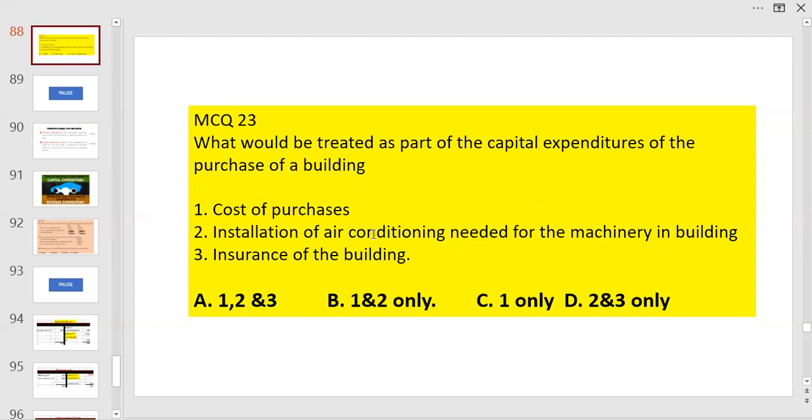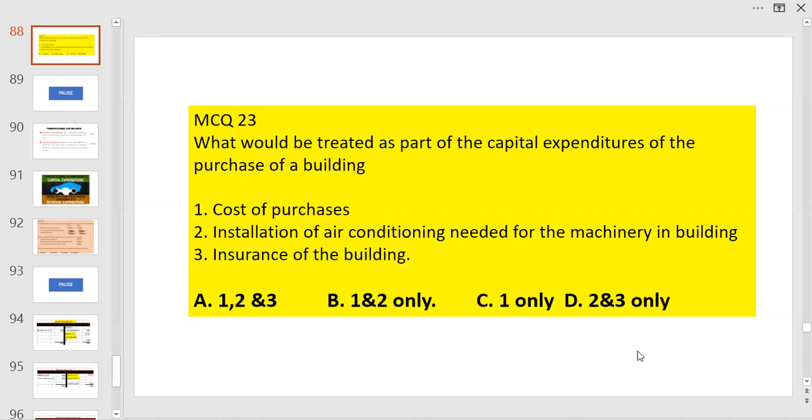So there is a building, and this is an improvement on the asset. So the improvement also will last for a longer period. Suppose the building has a lifetime of 20 years; depending on the air conditioning, it also can cover a part of the life of the building.